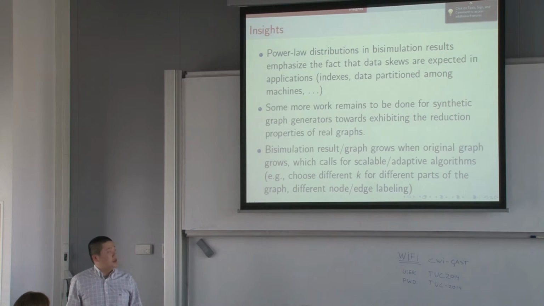For example, you use different granularity for different parts of the graph to compute the bisimulation result, or you use different node labeling and edge labeling techniques to make the graph smaller.